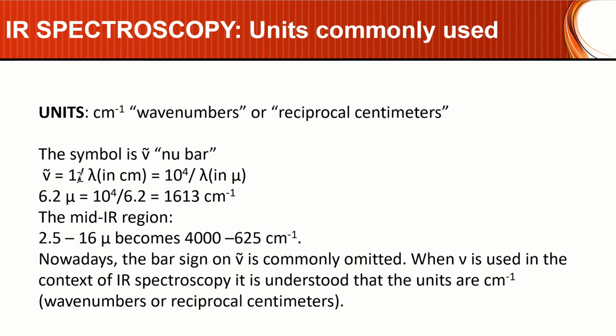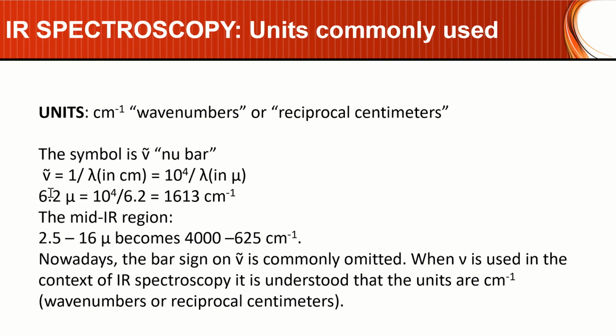The equation is dependent on the unit of wavelength. The last time, we looked at the symbol for wavelength, which is lambda, which we have here. Depending on the unit for the wavelength, so the wavelength could be in centimeters or microns, the equation will change.